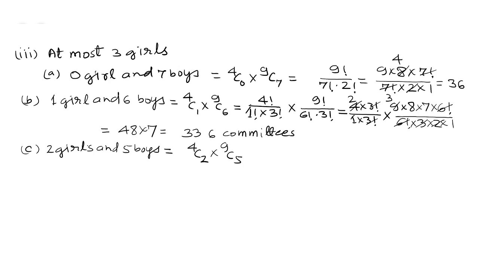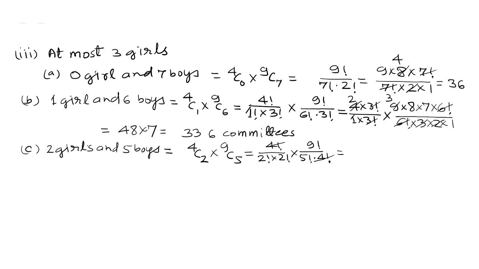This is equal to 4 factorial upon 2 factorial into 2 factorial, multiplied by 9C5, which can be written as 9 factorial upon 5 factorial multiplied by 4 factorial. So we cancel the 4 factorial of the numerator by the 4 factorial of the denominator, and we further solve like this.